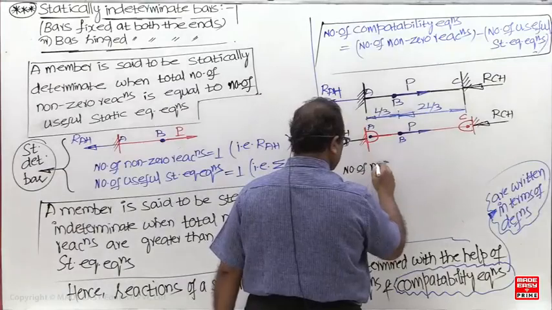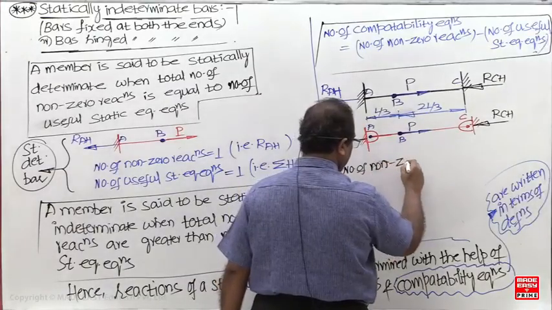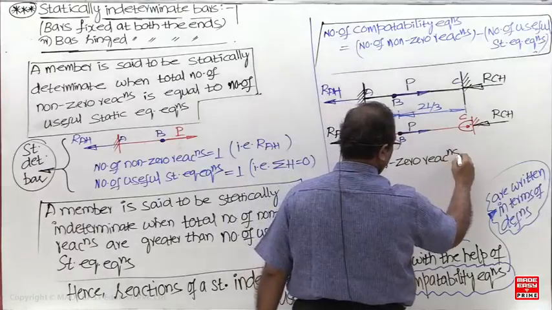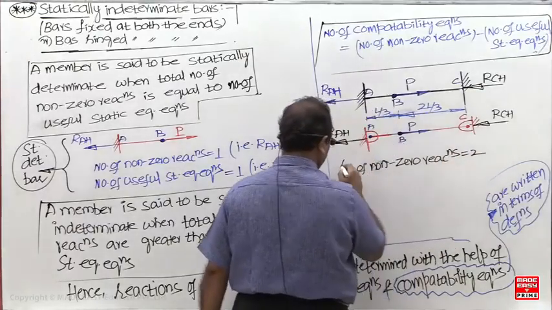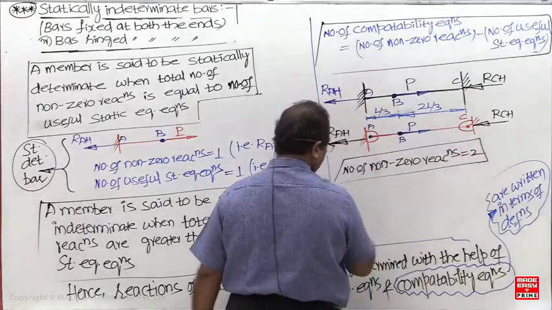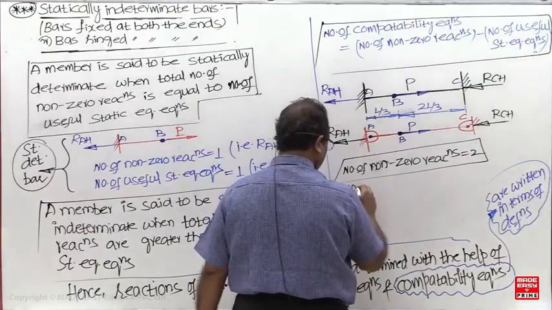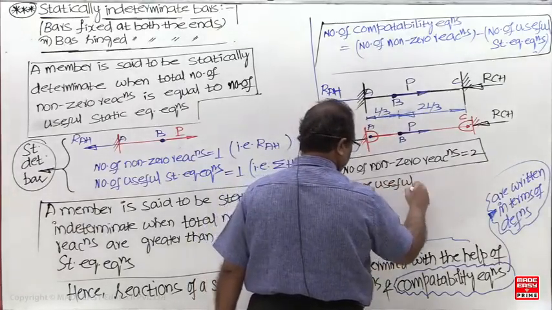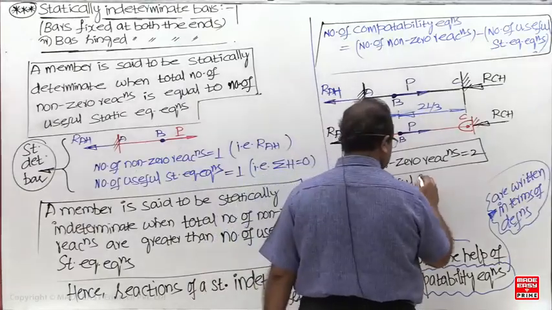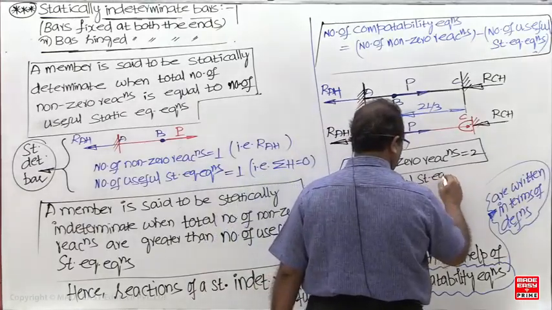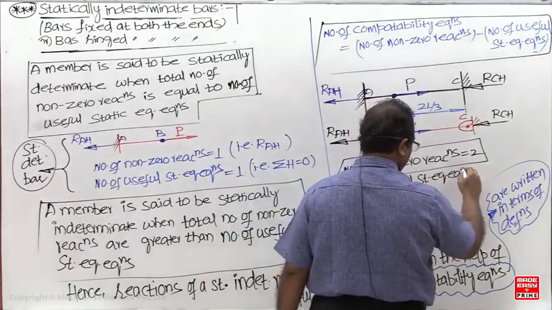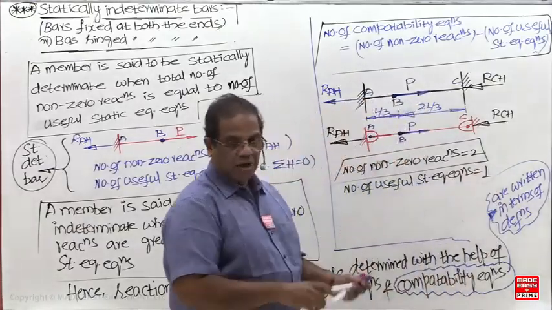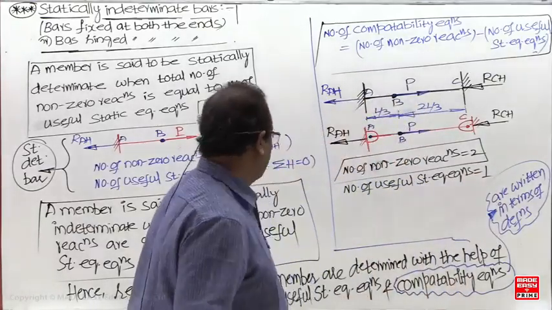Number of non-zero reactions, and number of useful static equilibrium equations: only 1. Unknowns are 2, equation is 1.